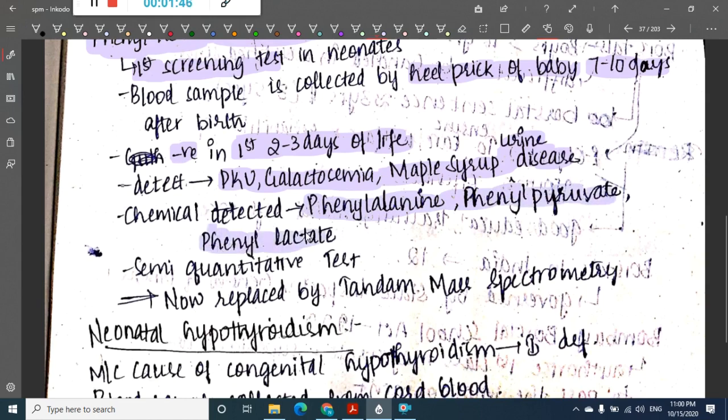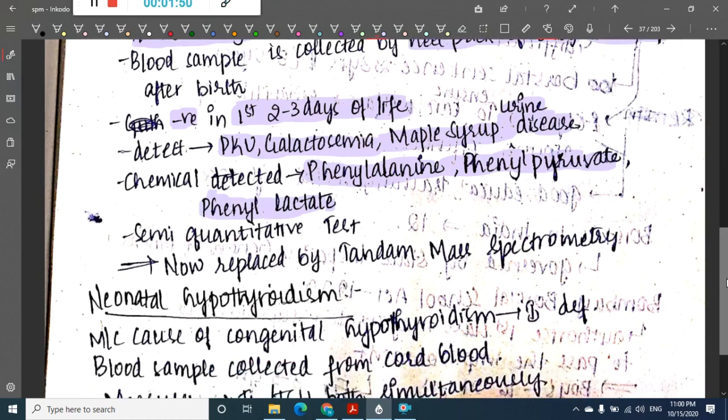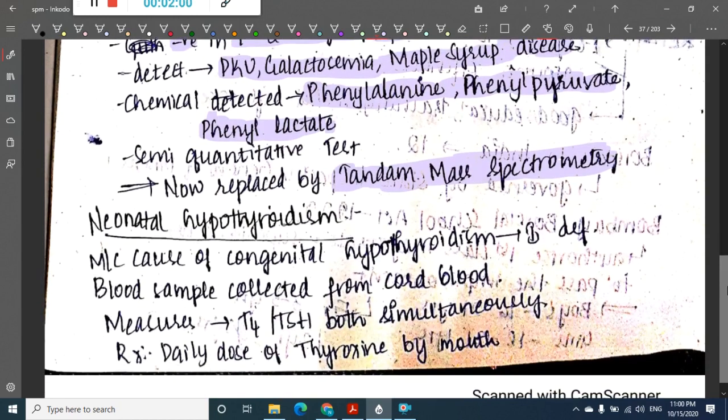It is a semi-quantitative test. This test has now been replaced by tandem mass spectrometry, so we do tandem mass spectrometry instead of Guthrie's test.